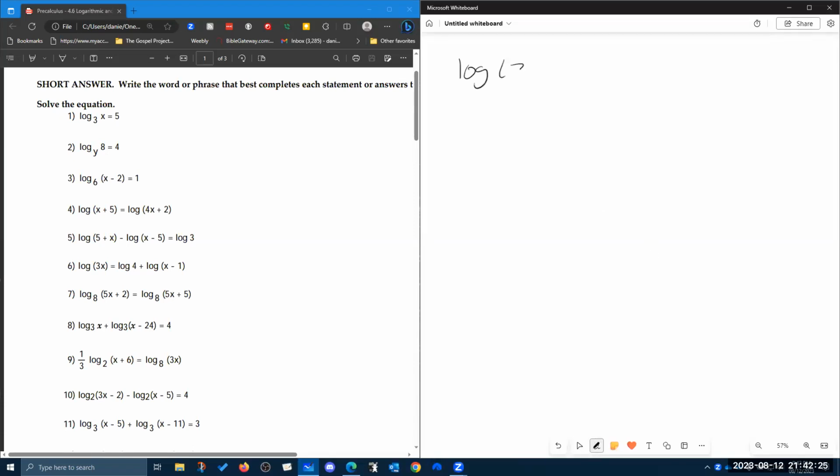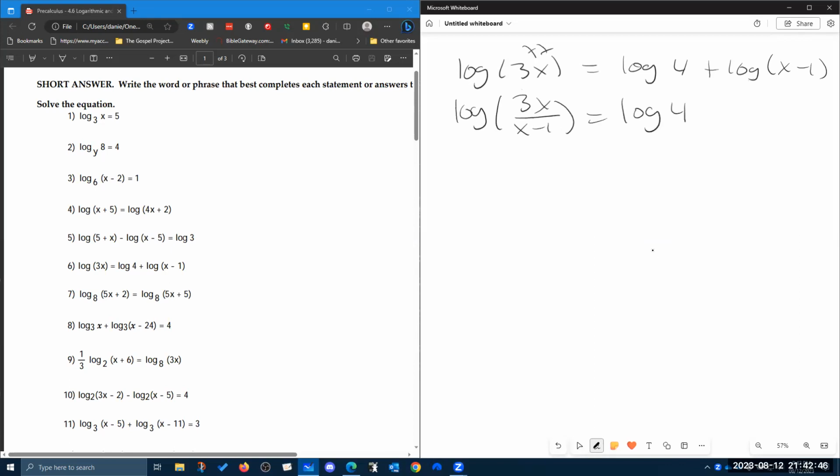Log of 3x equals log of 4 plus log of x minus 1. Let's bring this log from the right over here to the left and make this log of 3x over x minus 1 is equal to log of 4. Since x minus 1 is greater than 0, this is x greater than 1.